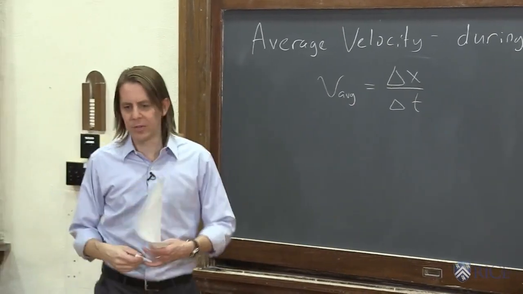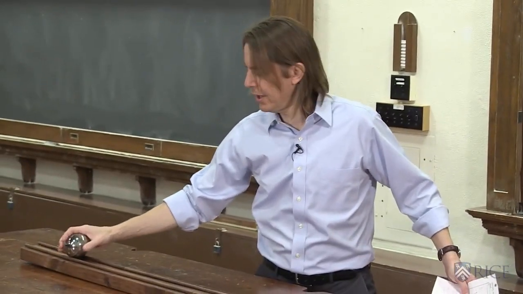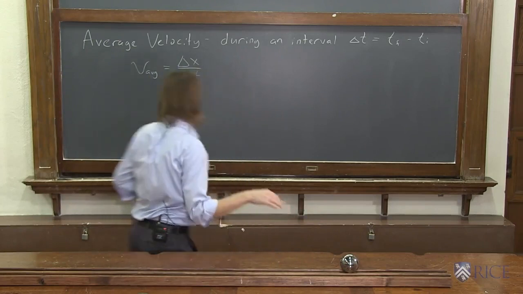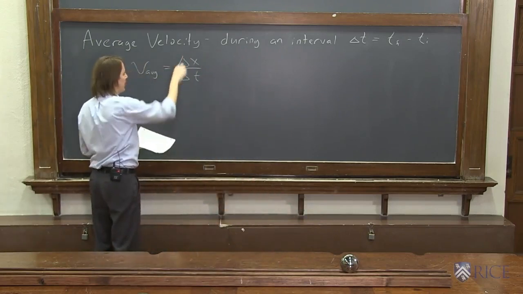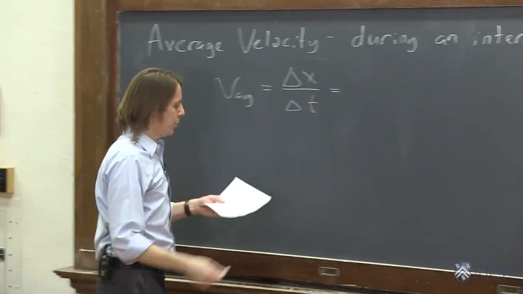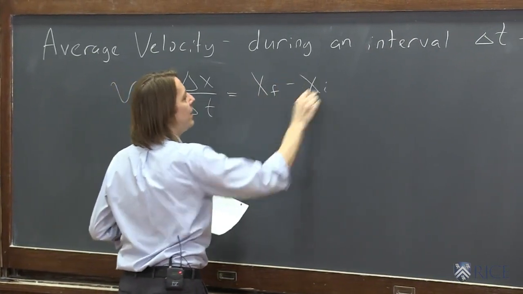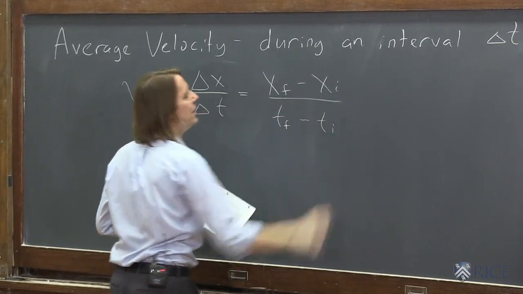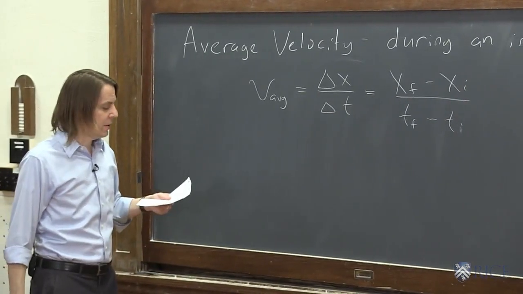So if we go back to example 2, and we have Hal here, and Hal is not rolling, he's just sliding along, we can think about this time, and plot or calculate how far did it go, the displacement along the axis delta x over the time. If we wanted to write it out a little more gory, we could even say it's x final position minus x initial position over t final minus t initial. Right? That's what delta x and delta t are.